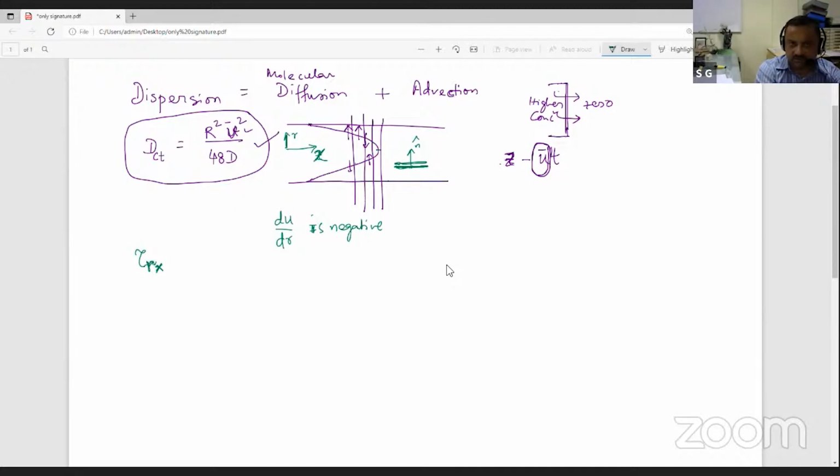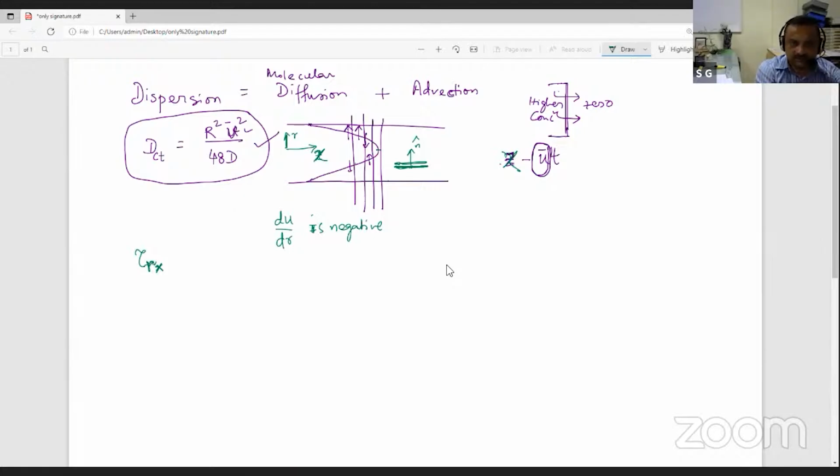So let us say I call this x. This has to be x if I go by the dispersion, but anyway, dispersion is over. So this tau rx is the shear stress acting in the x direction on a plane which itself has a direction in the negative r direction.